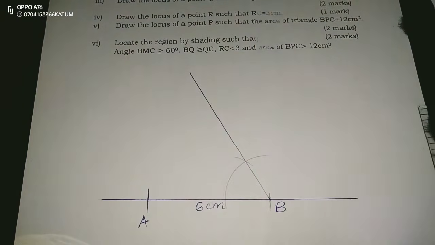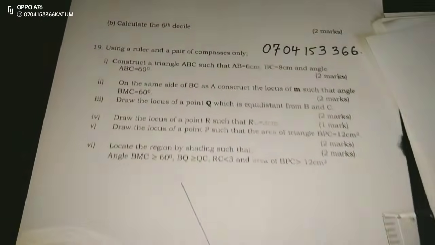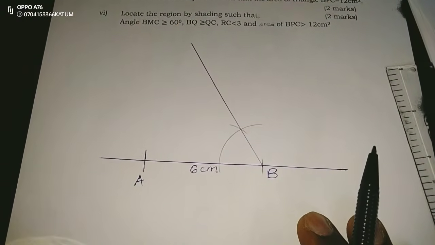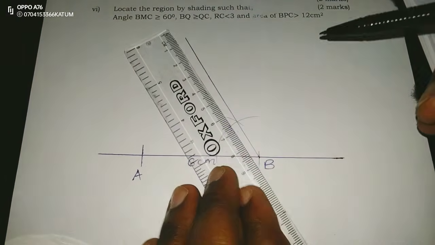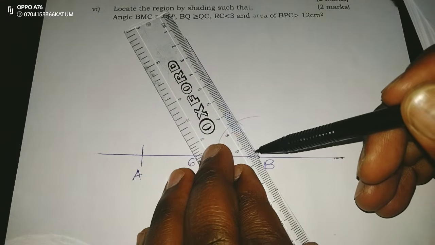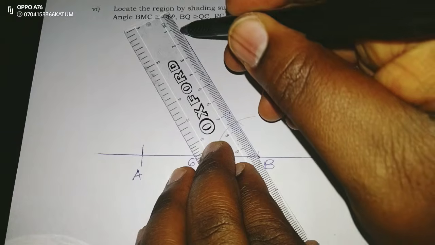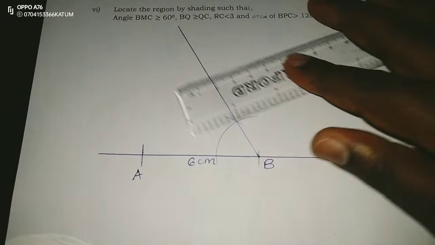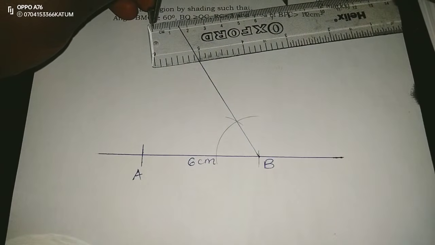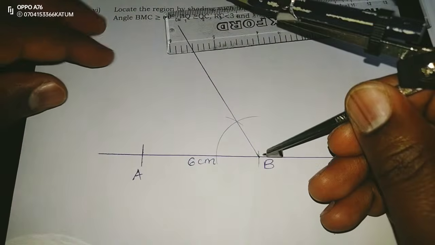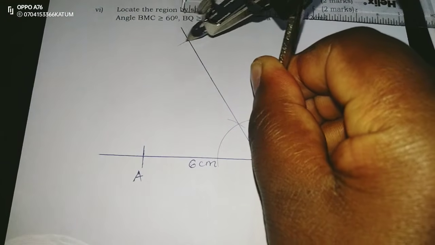So C is somewhere such that the length BC equals 8 centimeters. Therefore, I can elongate this line before I measure. Now I can stand again at the 0 centimeter mark, then using a radius of 8 centimeters, I produce an arc on this line.